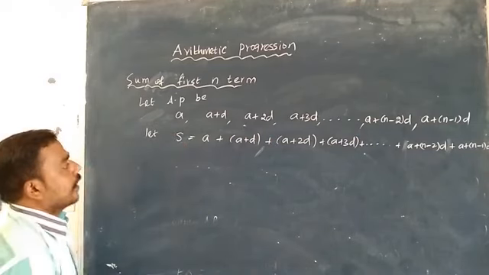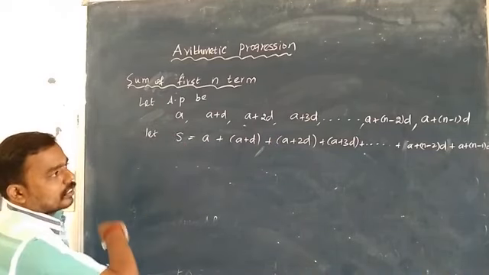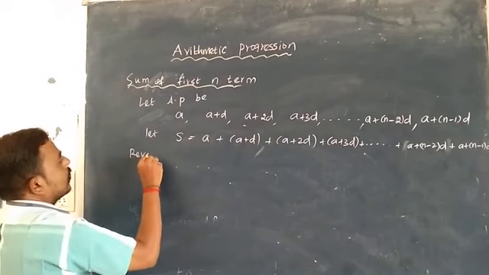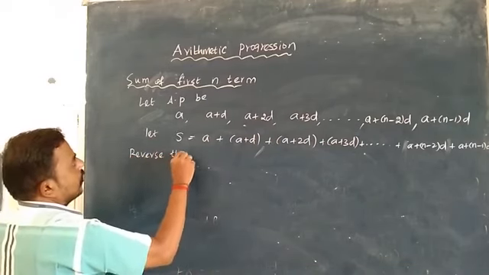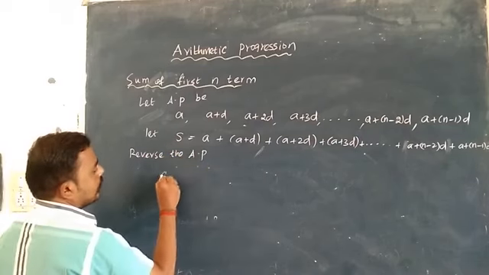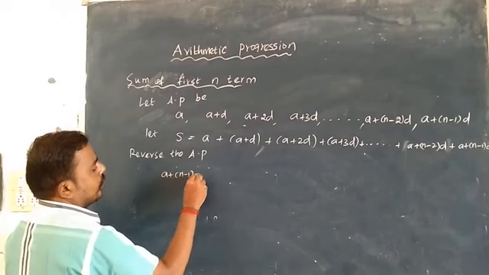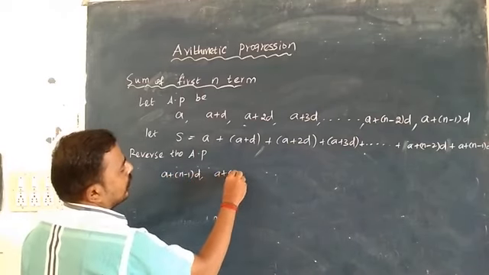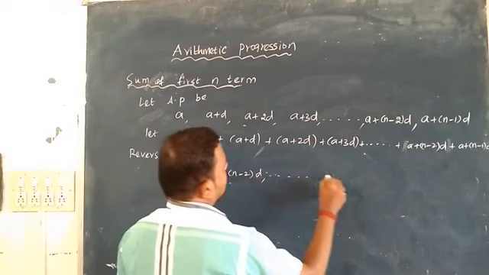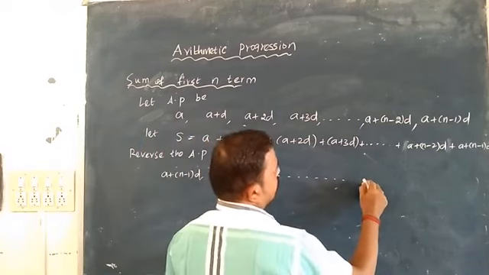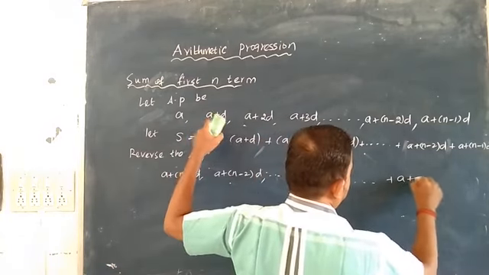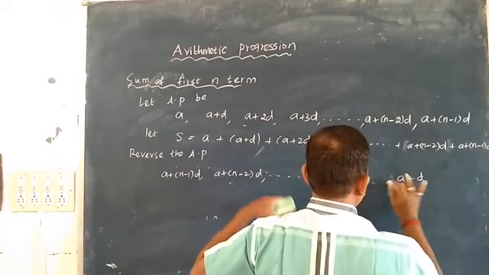Now reverse the AP. So the first term is a plus n minus 1 into d, then a plus n minus 2 into d, up to the last two terms a plus d, a.